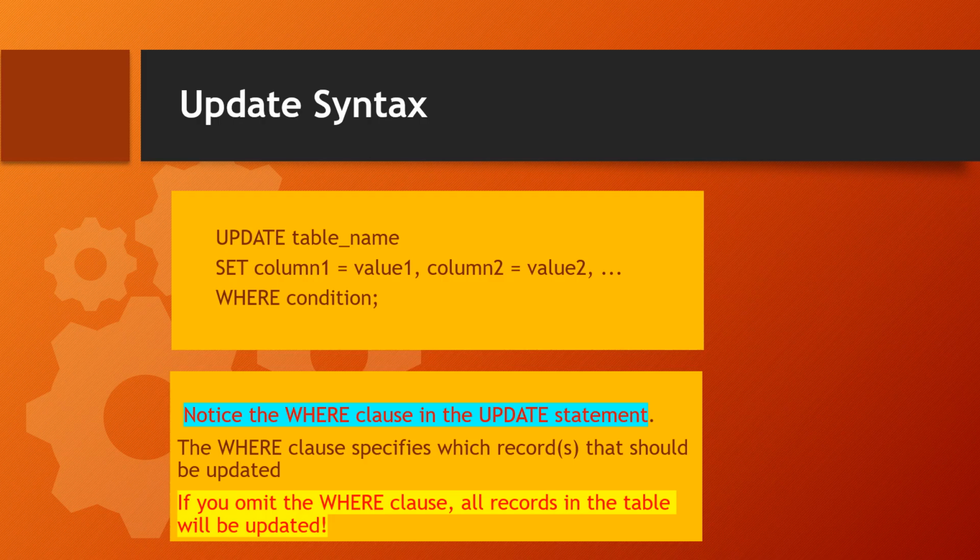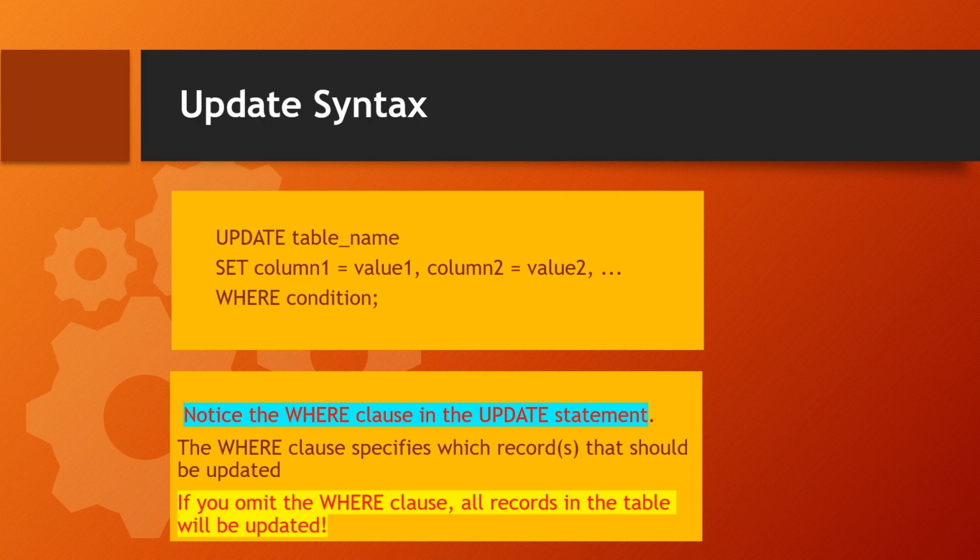Suppose you want to modify the first name of the employee, or phone number, or email address. Then the column name will be phone number, email address or first name. And the where condition means employee ID, employee name, whatever you want to use as a condition for putting a filter on your table.